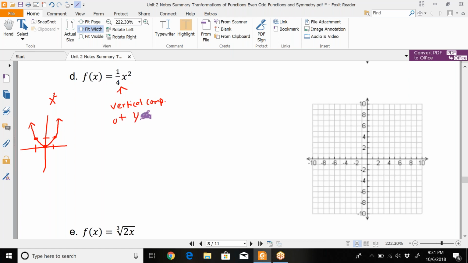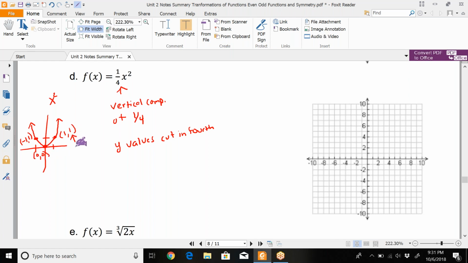of 1/4. Now what that means is that your y values are cut in fourth. Because if it's outside, you're affecting y values. If this had been inside, we would have done the reciprocal and we would have affected the x. So if you think about these as ordered pairs, this is 1, 1, -1, 1, and 0, 0.